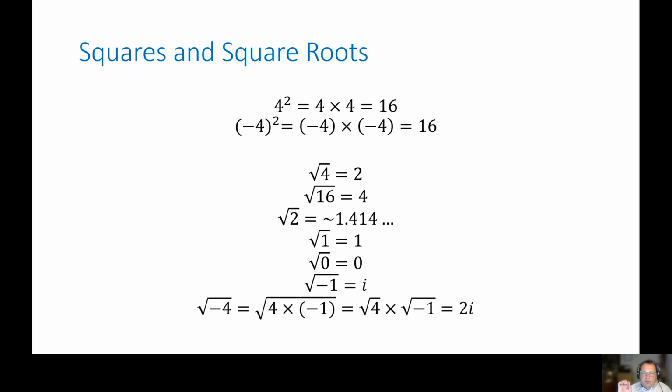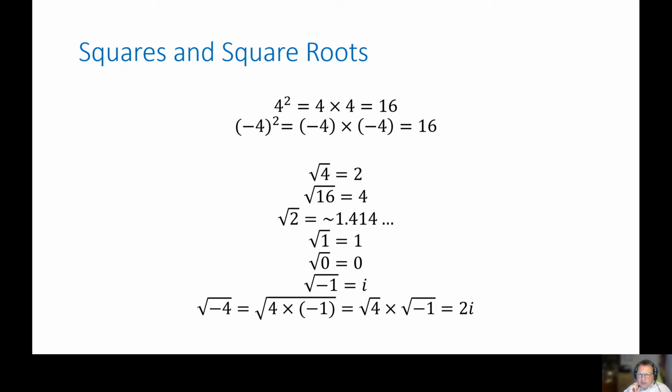So for example, square root of negative 4: normally you would never find a number that squared would give you negative 4. But what we can do is break it down into square root of 4 times negative 1. And this is square root of 4 multiplied by square root of negative 1. We know that square root of 4 is just 2. Square root of negative 1 is what we defined as i. The result is 2i. Okay.